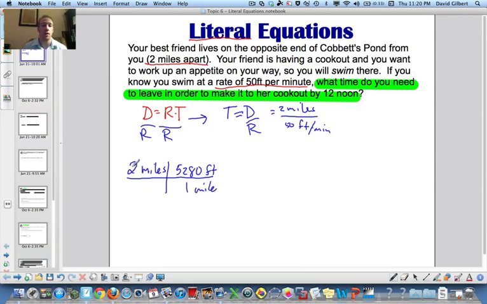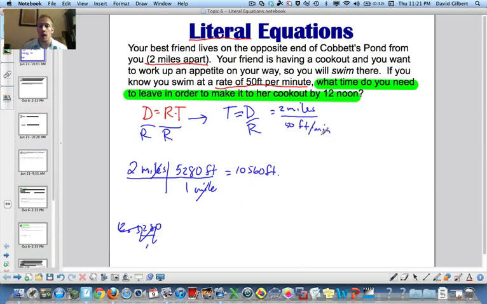So that over itself is really 1. So I'm really multiplying 2 by something that doesn't change what it is, right? Because this many feet and this many miles are the same. This is the same as doing 2 times 5,280 over 1. All right, but we write it this way when we're doing unit conversions. So that gives me 10,560 feet.